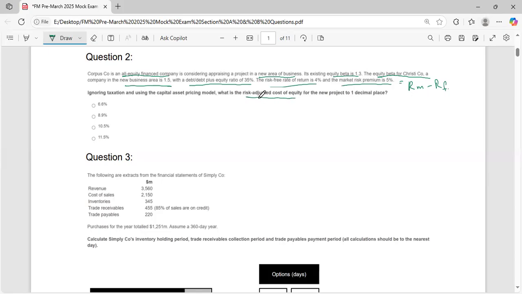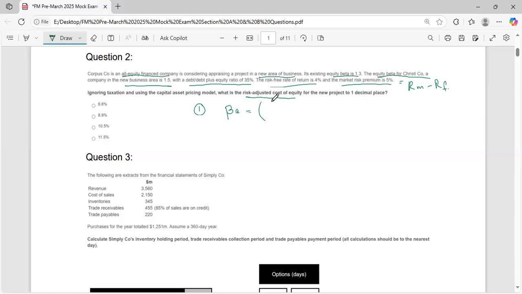So now we are expected to calculate risk-adjusted cost of equity. Risk-adjusted cost of equity can be determined by using three steps. Step number one is beta asset. Beta asset is also called ungeared beta. Now we will use the competitor information where the new business has a debt to equity ratio of 35.